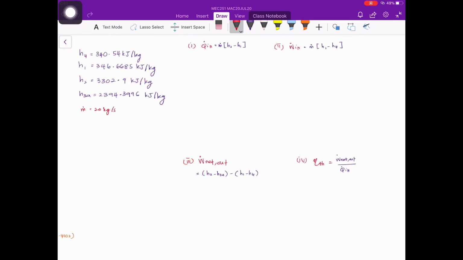Since we have all the required information, now we can solve for all the items required by the questions.